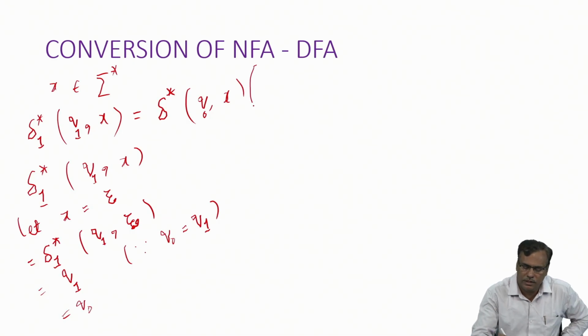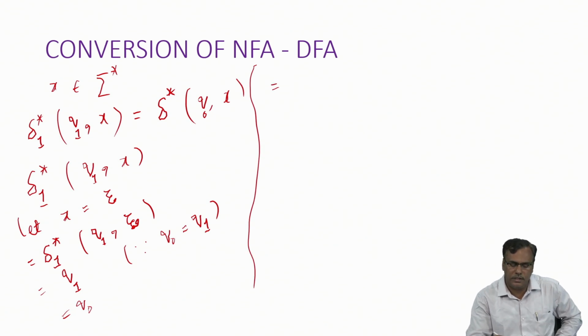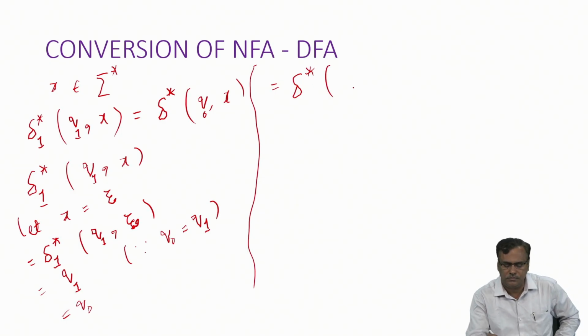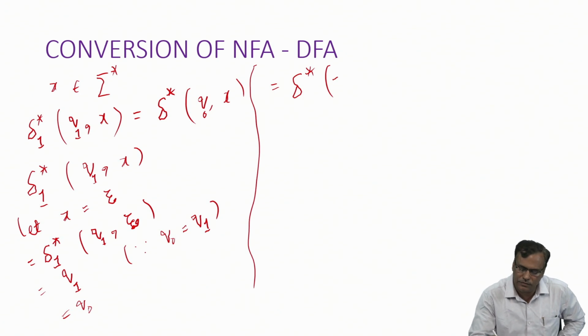I started with the DFA transition function, delta 1 star. I am supposed to prove delta 1 star of q1 x is equal to delta star of q naught x. So I can rewrite this for the NFA as delta star of q naught on epsilon.